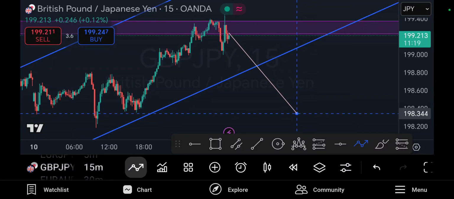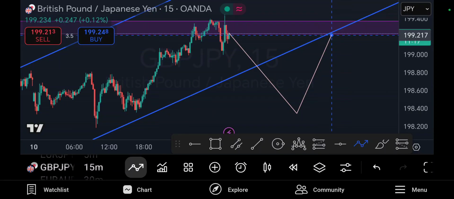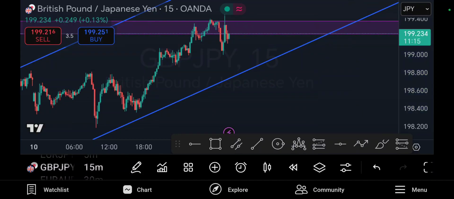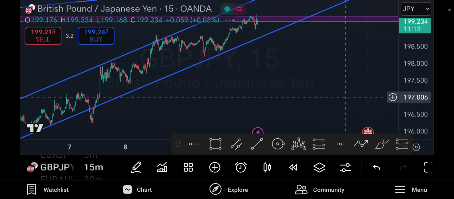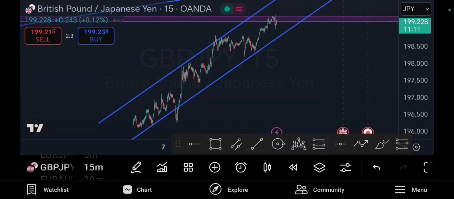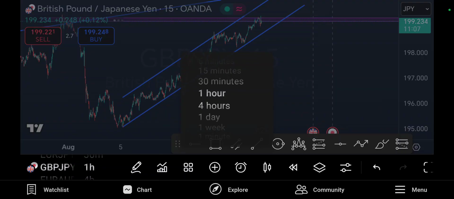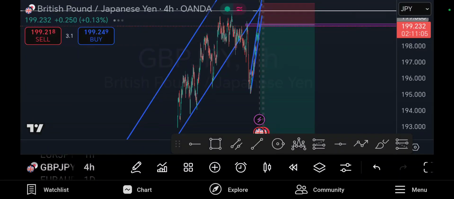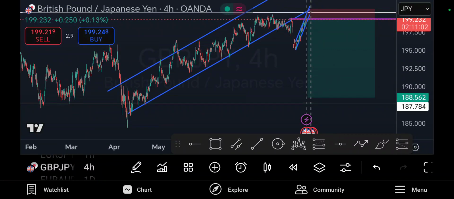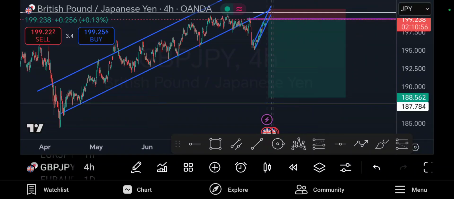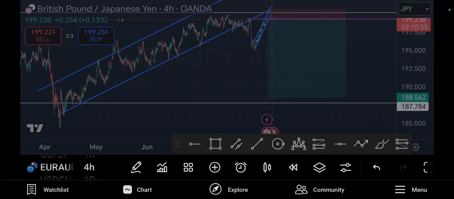It will break out of the channel, come there, push. But for now, we can catch the sells and take them to the downside. It's also a set and forget type of trade because it's on the 4 hour.